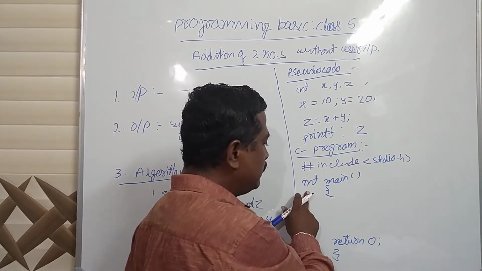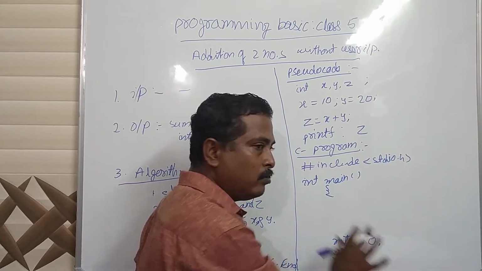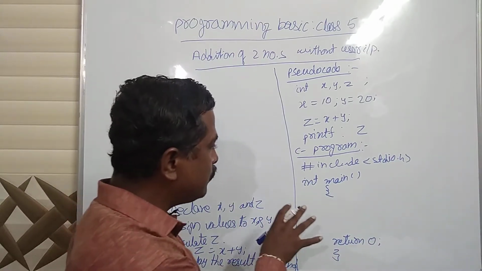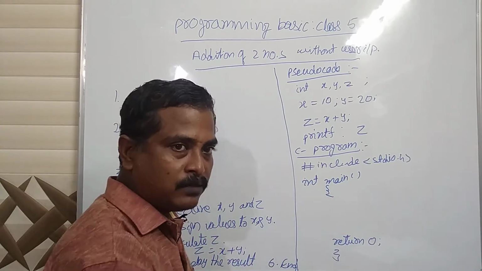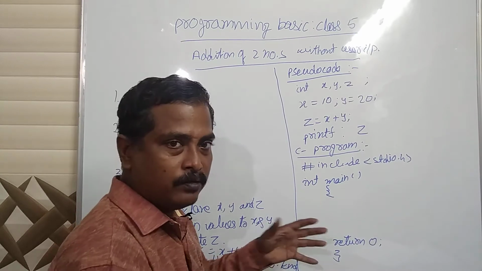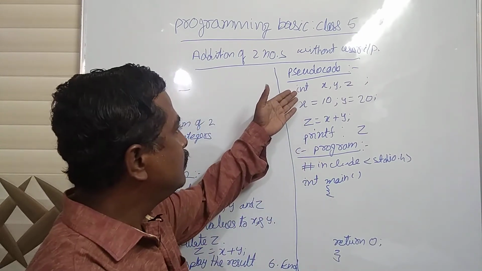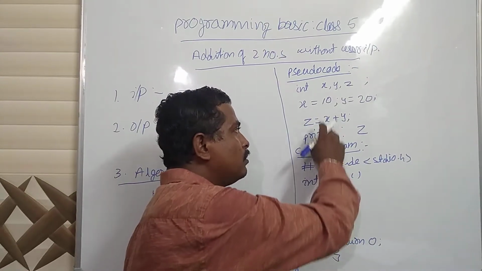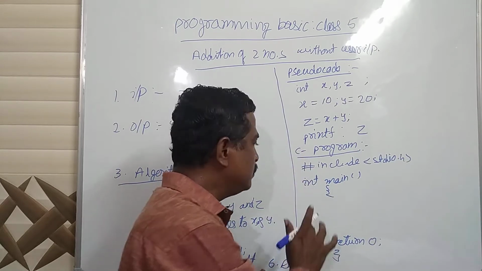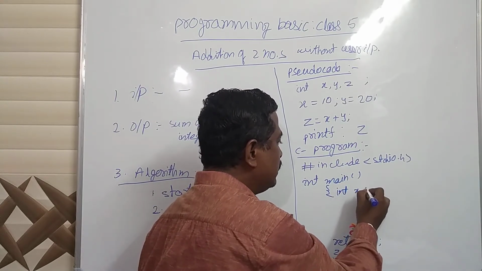If it is int, then return 0. If it is void, no need to write anything. So first you write the format. After putting the format, it is the same for all C programs, so no need to think why it is there at the beginning. Then write the pseudo code in the coding format. Almost all the lines are written in C. So int x, y, z, step 1, declaration.